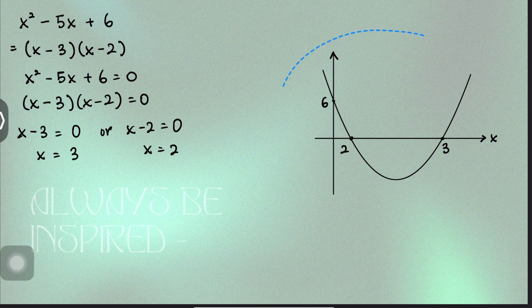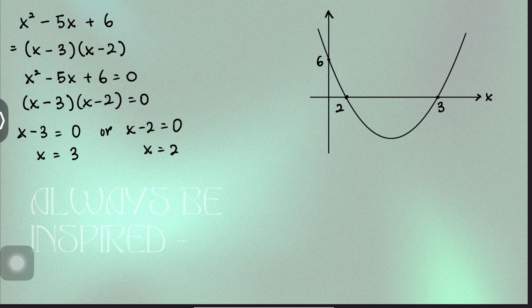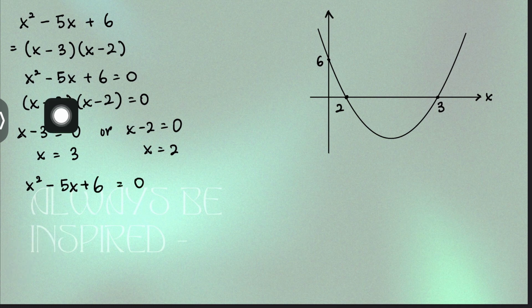We can take it further now and find the vertex by completing the square. So I'll take again the original equation, x squared minus 5x plus 6, and equate that to 0, but this time I need to complete the square for it.